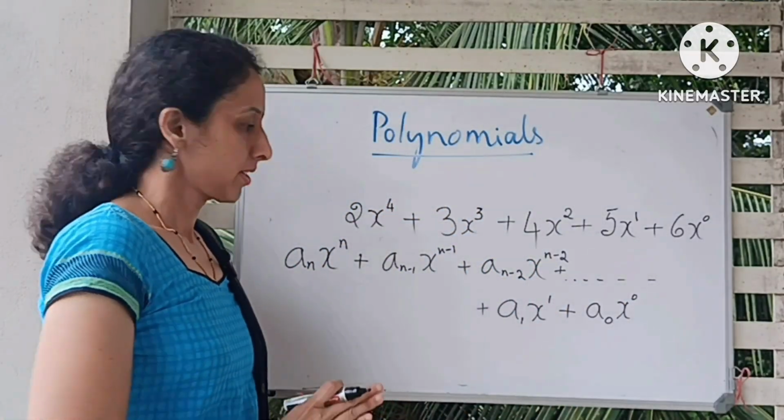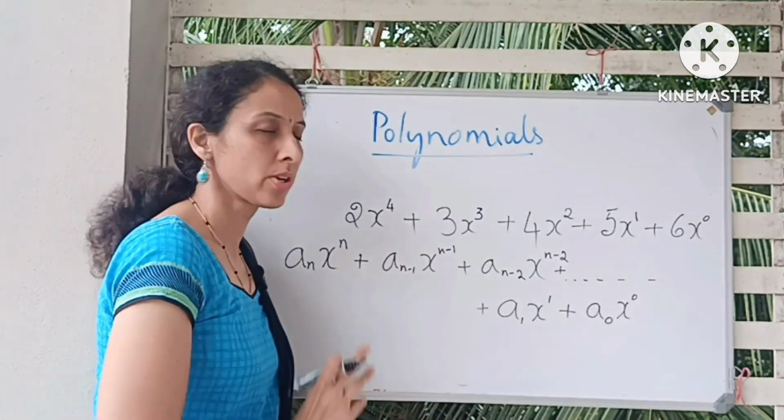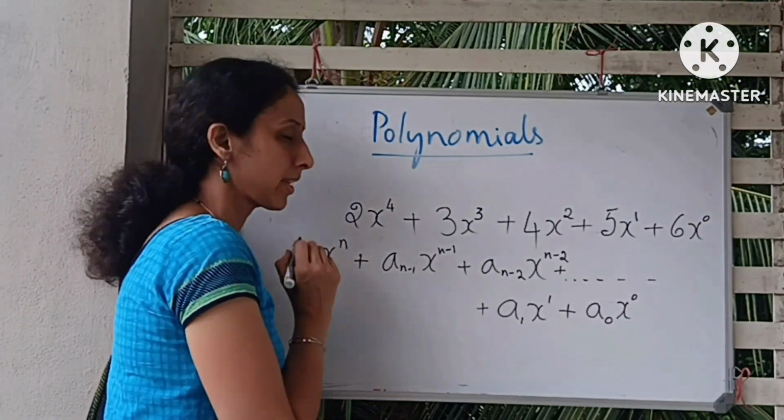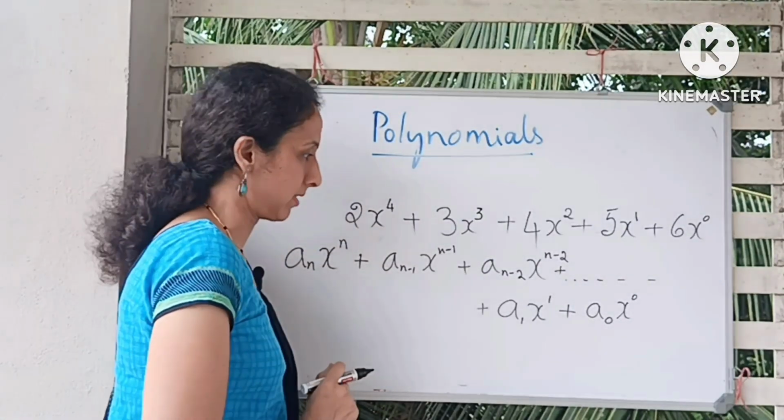This is the generalization of polynomials. Here n is the degree of the polynomial.